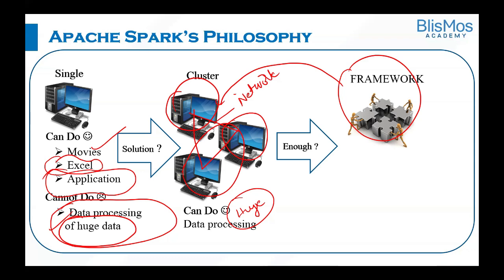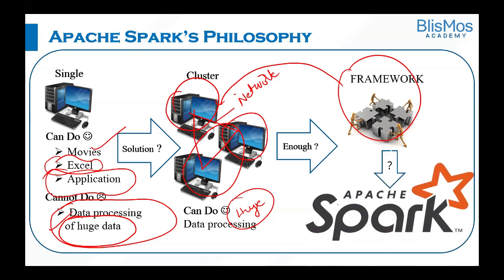Okay. Any other framework? Spark. Yes, that is Apache Spark. So we already know what Spark is. Spark is a framework or a platform or a unified computing engine to perform huge data processing in a parallel way.